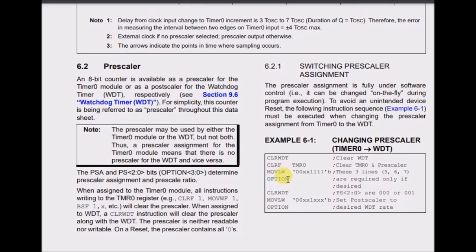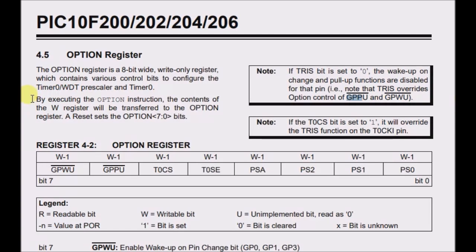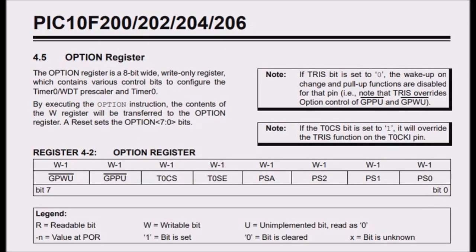Well, I haven't found where it explicitly states that, but just as an example, in this piece of code, it actually shows that's being done here as well. There's no opcode preceding OPTION. Here is the answer right here. By executing the OPTION instruction, the contents of the W register will be transferred to the OPTION register. Somehow I missed that.